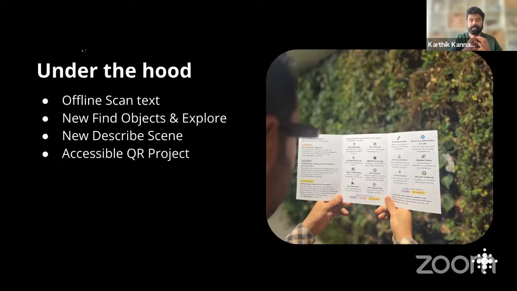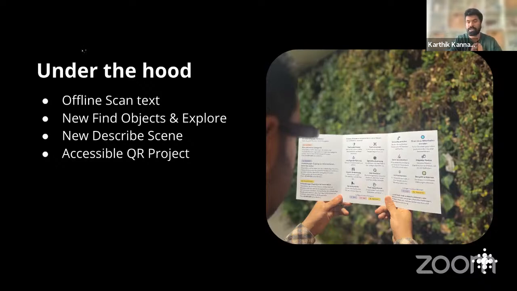The first is offline scan text. A lot of y'all really love using scan text, and one of the big asks from everyone has been, can we have scan text work completely offline? So we've worked pretty hard over the past few months to make scan text work completely offline. This is going to be available as an update to everybody using the Envision glasses shortly.